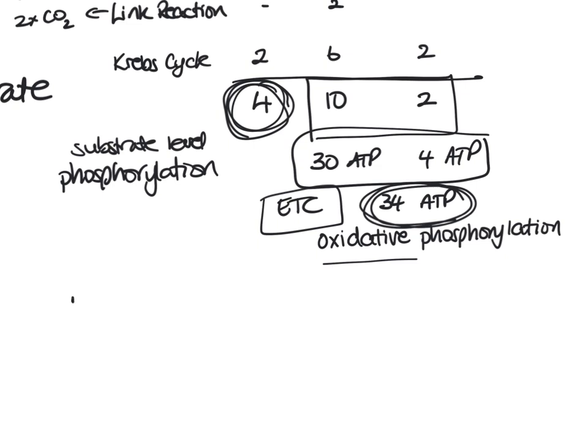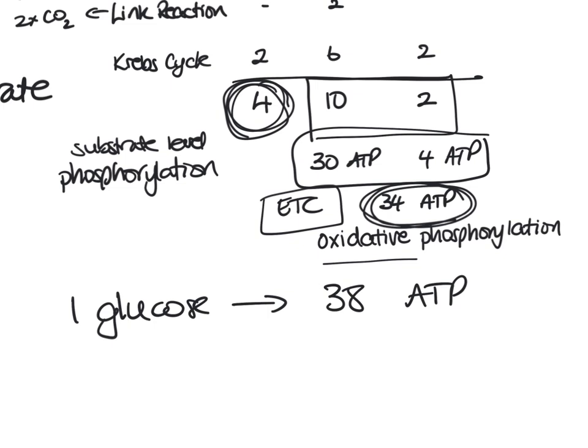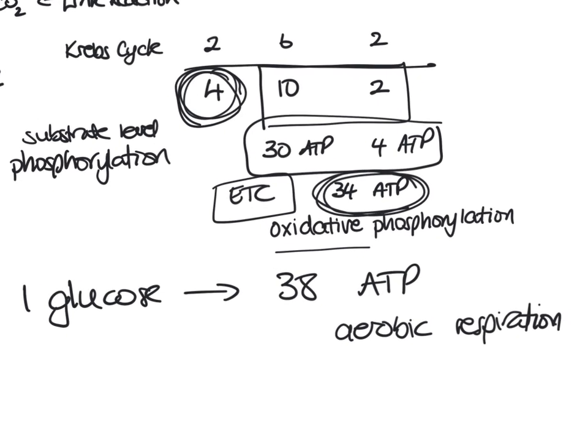So from 1 molecule of glucose, you should get 38 molecules of ATP as a result of aerobic respiration. 36 might be closer because it actually takes some energy to move molecules in and out of the mitochondrion. But as far as you're concerned, 38 is the answer, and you've done all the sums and it works out. Makes sense? Do you want me to go through the electron transport chain?